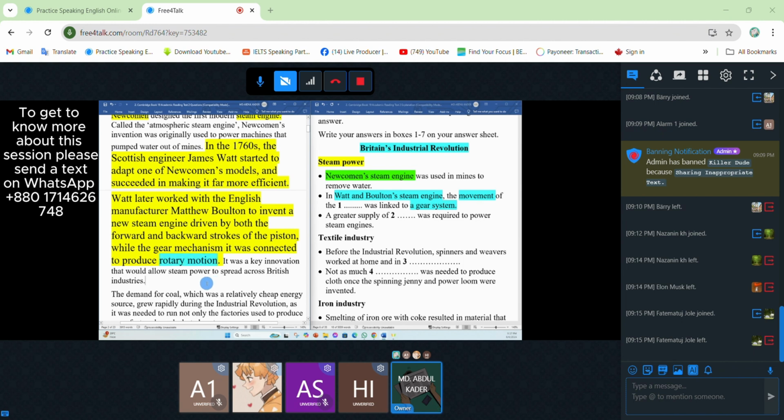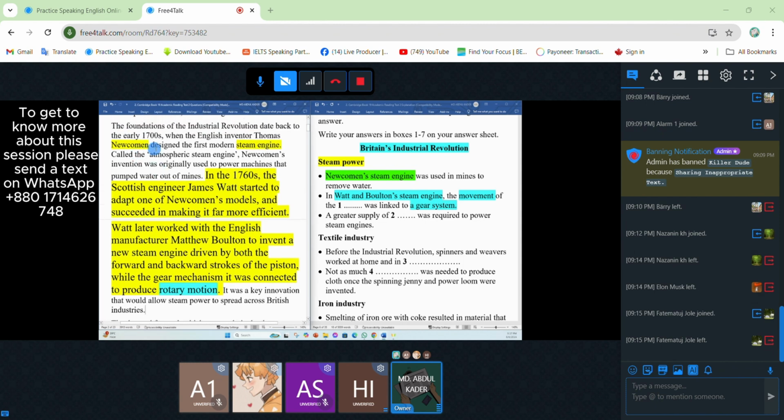Okay, let's do it together. So in the 1760s, the Scottish engineer James Watt, he is a Scottish engineer, started to adapt one of Newcomen's models. In our previous paragraph, Newcomen designed the first modern steam engine, right?